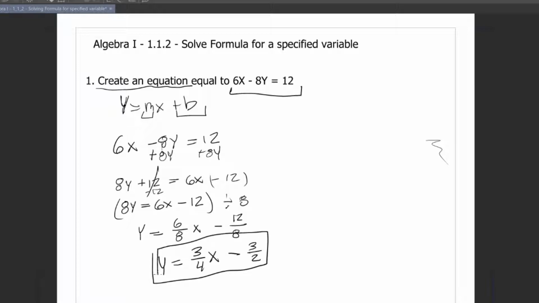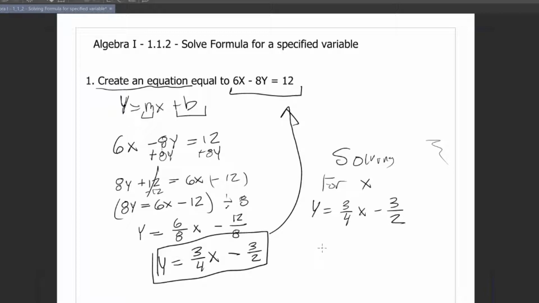So this equation that we just solved for is equal to that. You could also solve for x. If we wanted to do that really fast, I'm going to write solving for x. If the question specified that we should solve for x, we could take this equation, y equals 3 over 4x minus 3 over 2, and then we can add 3 over 2.